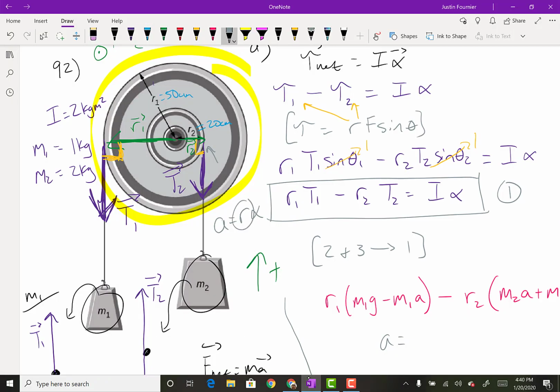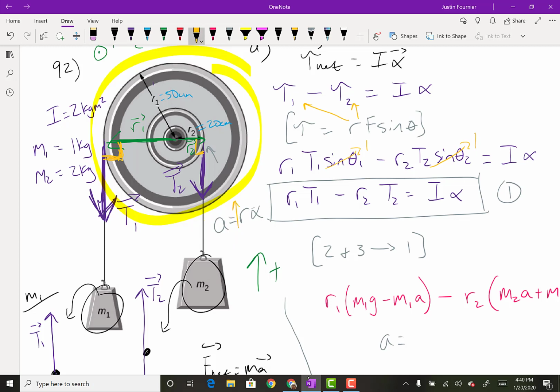So R is further away from the axis of rotation. The further you get from the axis of rotation, the greater the linear acceleration is going to be. The angular acceleration, no matter where we go on this disc, no matter where we go on this pulley, is always going to be the same. But the linear acceleration, A, changes depending on how far away from the axis of rotation we are.